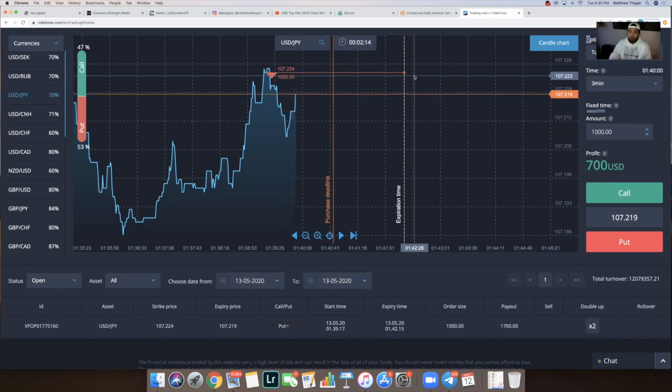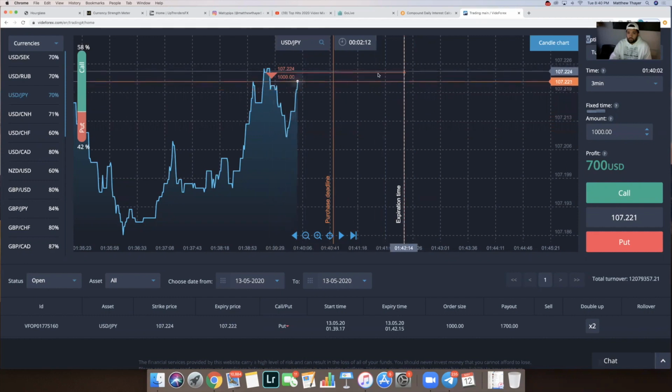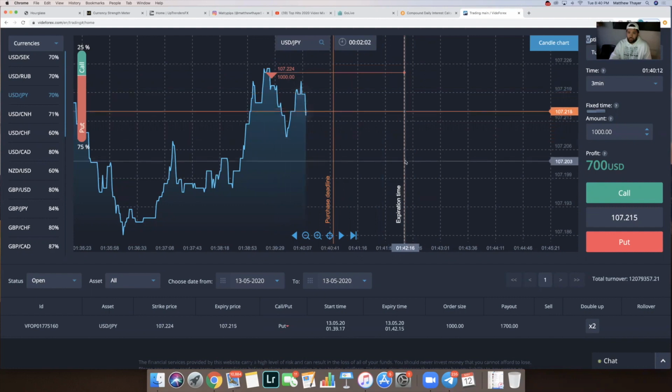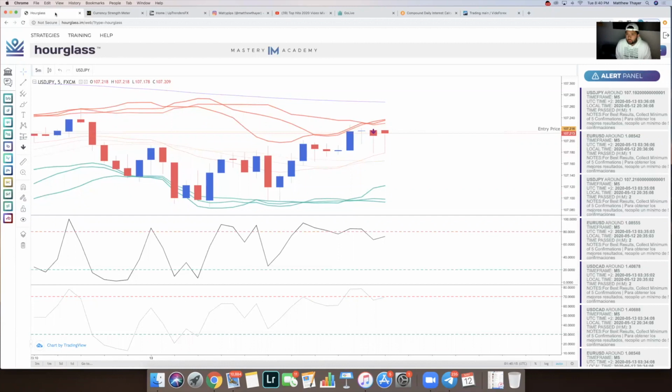But look what's going on right now. I got in here and price is right here. As long as price stays under my line, when it crosses the dotted red line, I will receive my payout. Now, I go through my strategy and I teach you guys how you can get better results from learning the strategy itself.